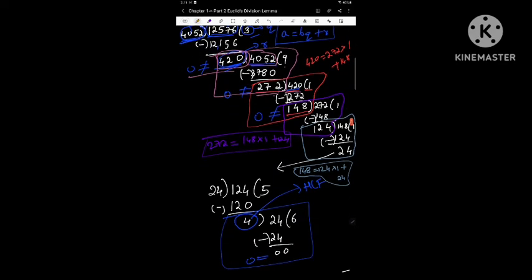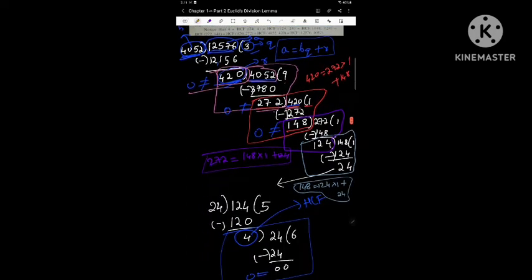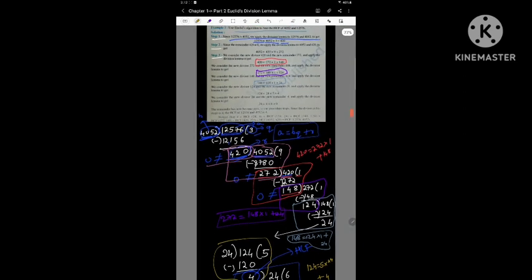Then the next step here is 124, 24, 5 and 4. So this can be written as 124 equals 5 into 24 plus 4. So here you can see 124, that's what we have done here, right? Wait, let me minimize.